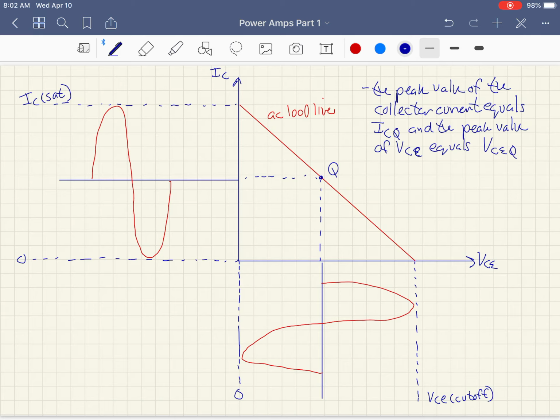Okay. Actually, the output can't quite reach saturation or cutoff. Practical maximum is actually a little less than that, but let's not worry about that.